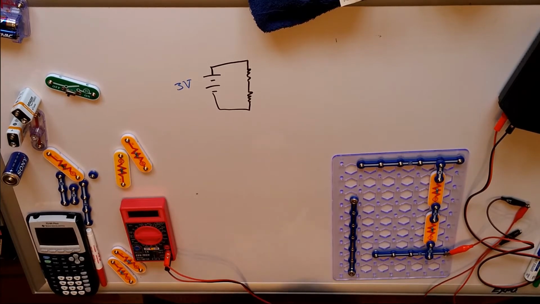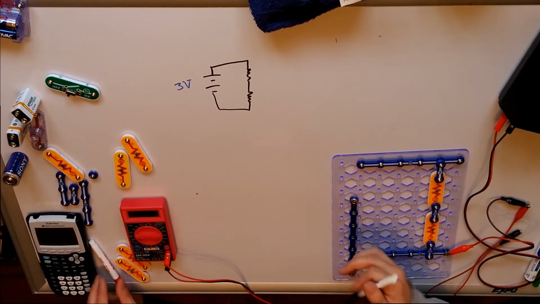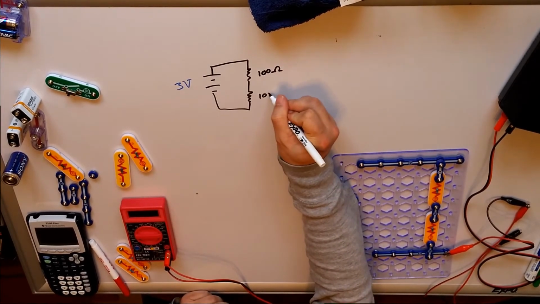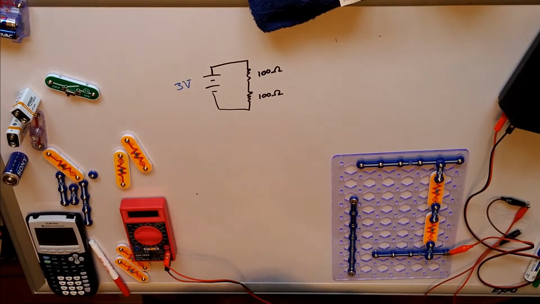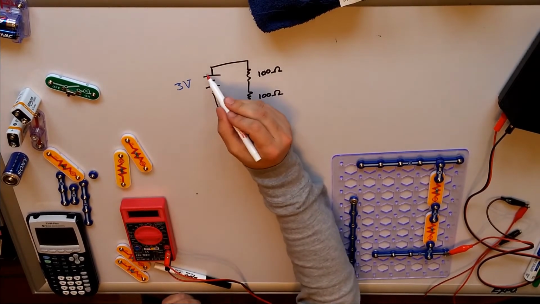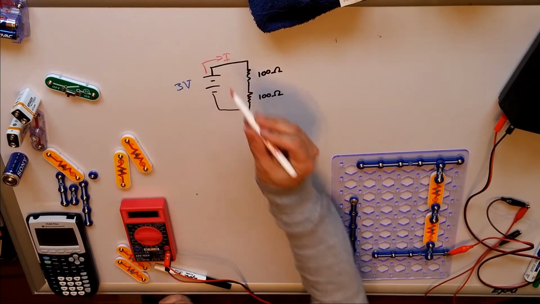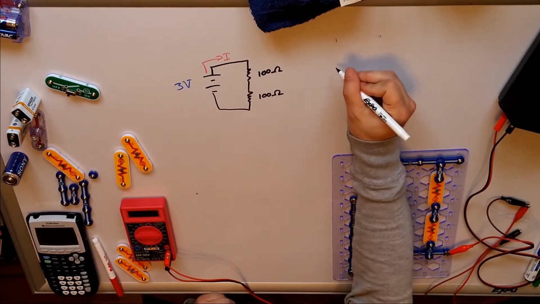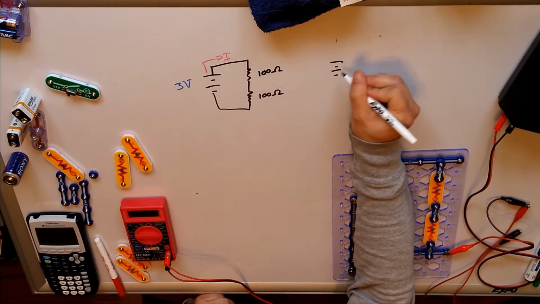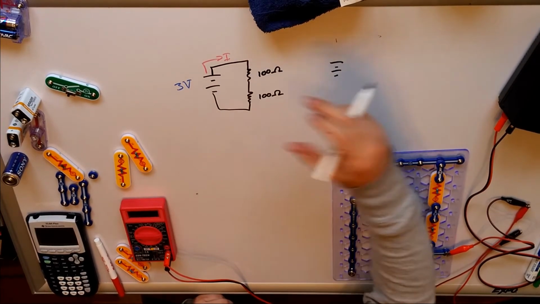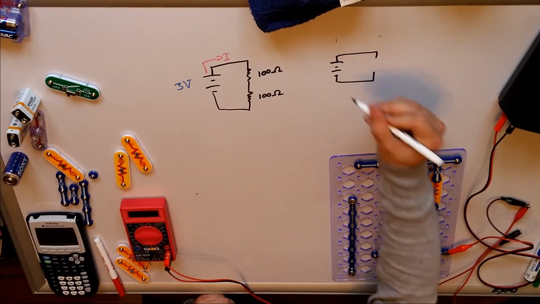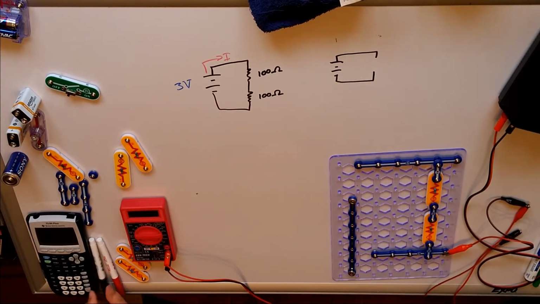Here's what I'm going to do. We're going to connect it with these two 100 ohm resistors. And we're going to find what current comes out of the battery. Now with that current, we're going to try and pretend, like I said, the equivalent resistance is taking several resistors and replacing them with one equivalent resistor that works exactly the same.